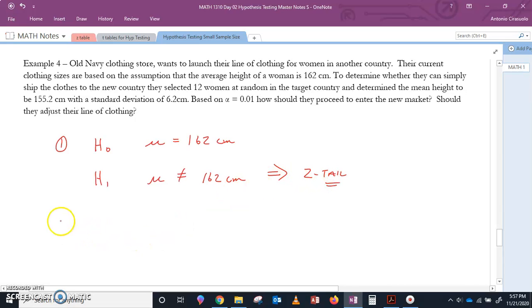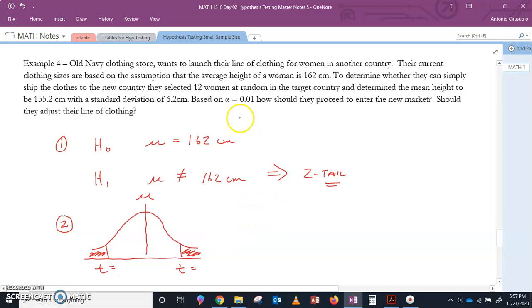And the next step, once again, is to determine the critical values. So let's put our normal curve together, and let's show that it's two tails. And small sample size, so our critical values are labeled as t.